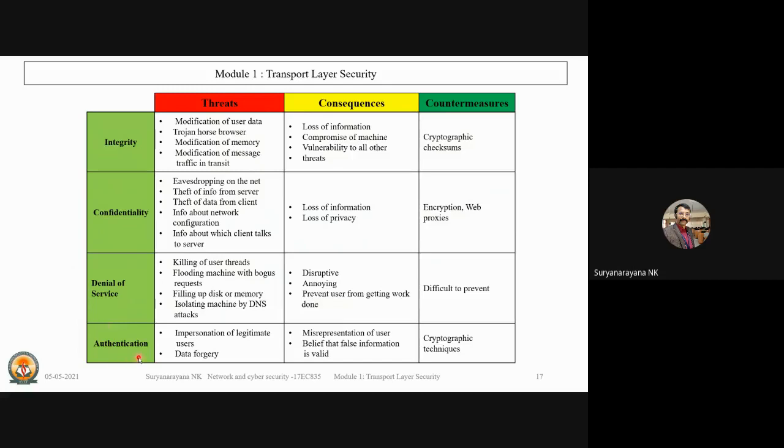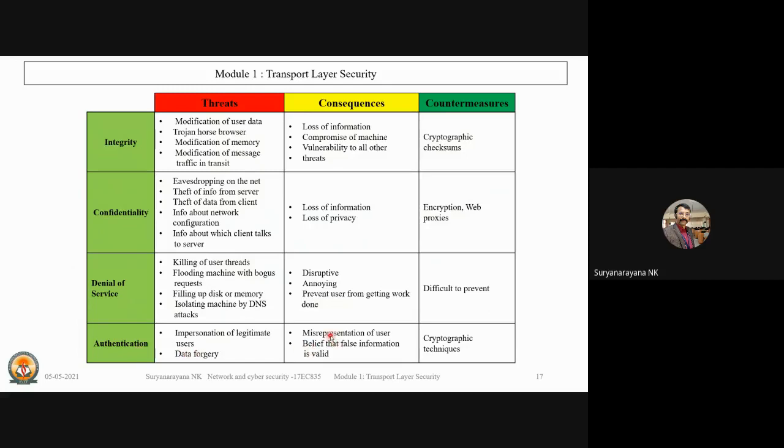Authentication is the next important parameter. Various threats to authentication are impersonation of a legitimate user, that means the attacker behaving as an authorized user. Data forgery is another threat for authentication.